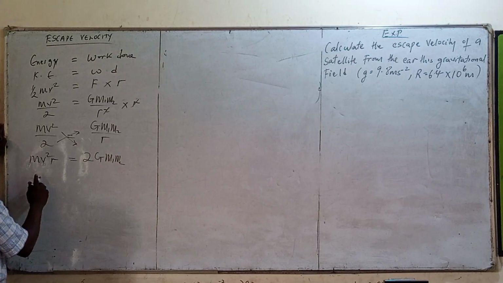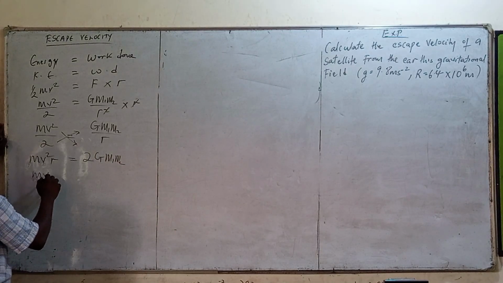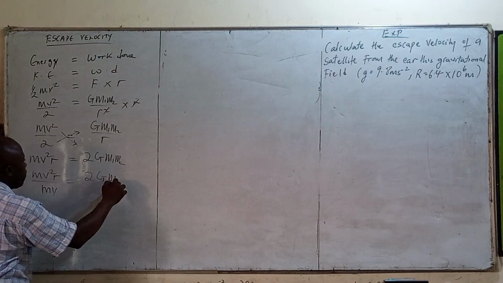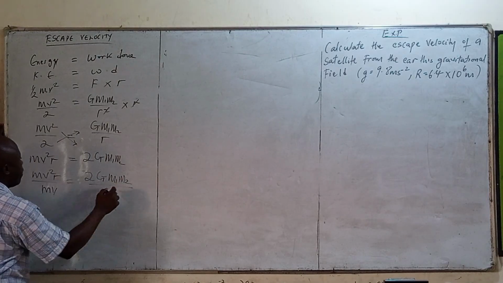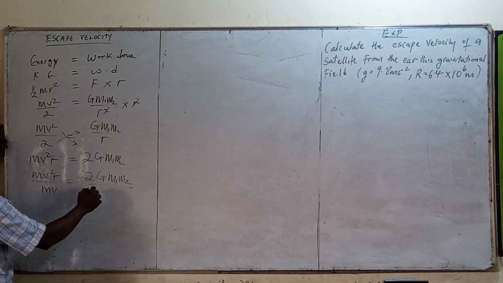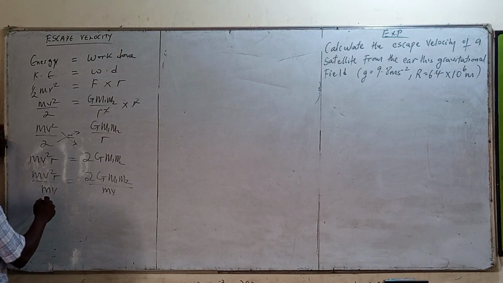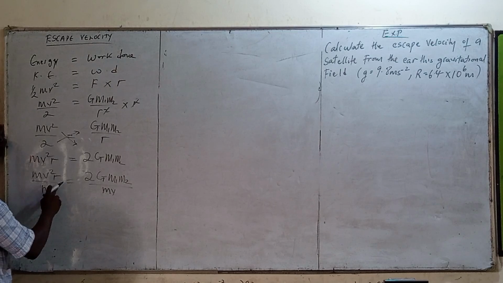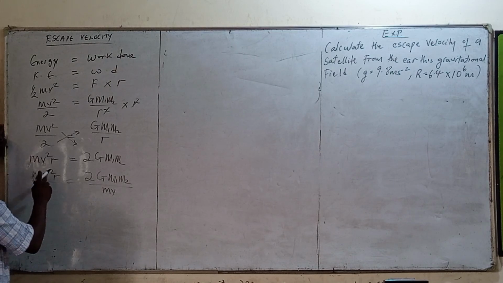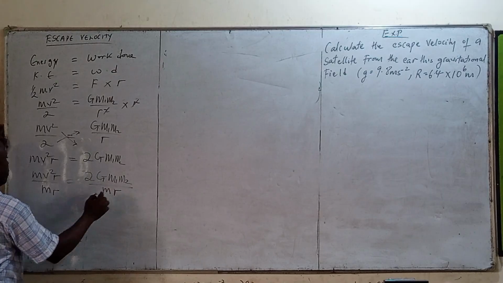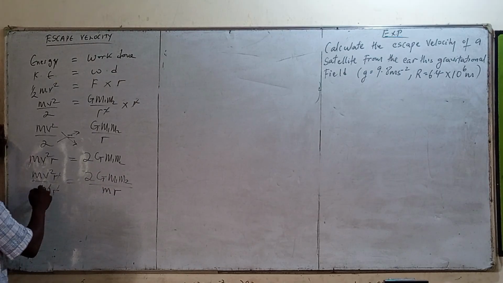So dividing both sides by mr, we are interested in v, so it will be mr. Here, mr. So r will resolve itself, m will resolve itself.